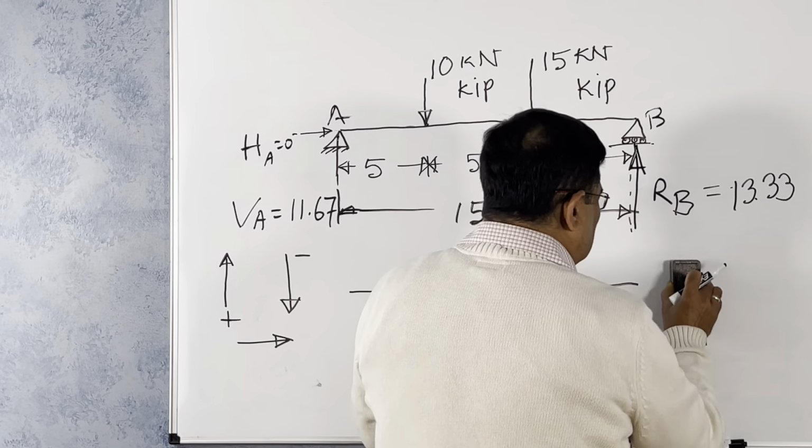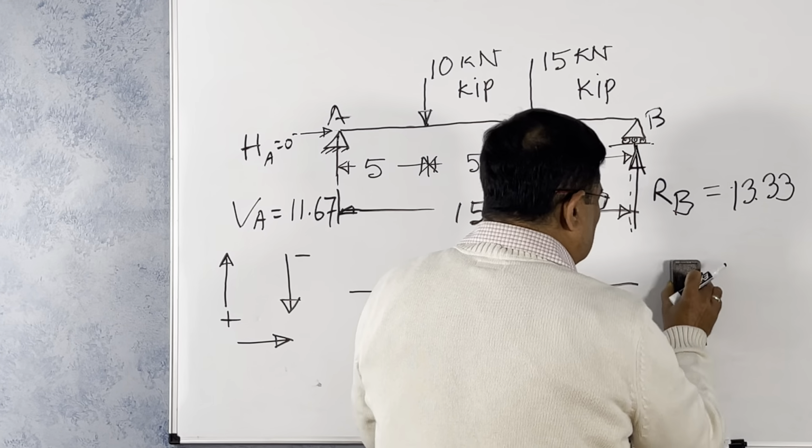So this is your baseline. This is 13.33 going down, upward is negative, 13.33. From here to here it remains constant. Then downward is positive, it is going up 15. So this is positive, then again it will be added, it is 1.67.